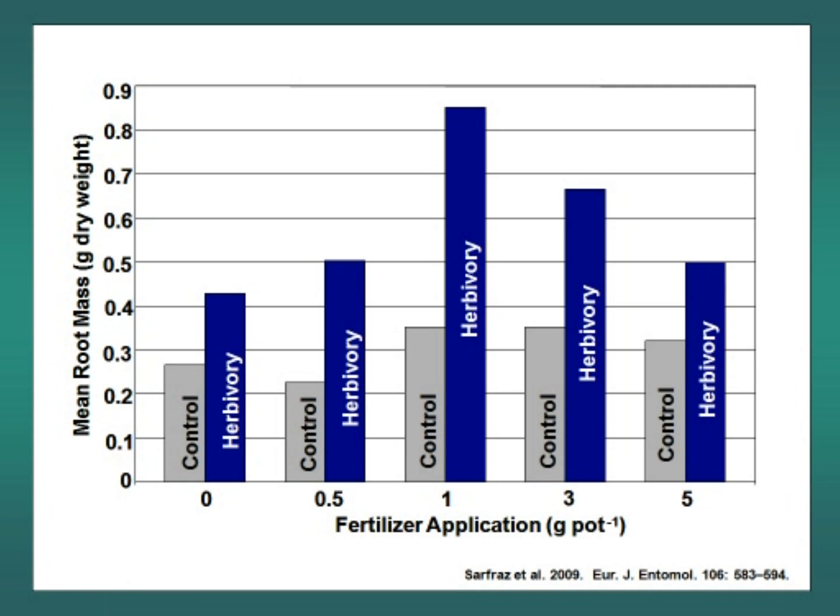And a fascinating set of observations resulted from this work, that as we add insects to these plants, so this was a control plant with no insect larvae on it versus a plant that had 10 larvae on it per plant. As a result of just having diamondback moth larvae on it, the plant responded.